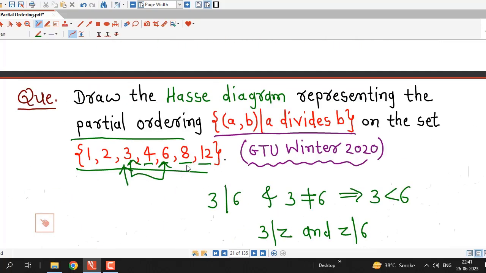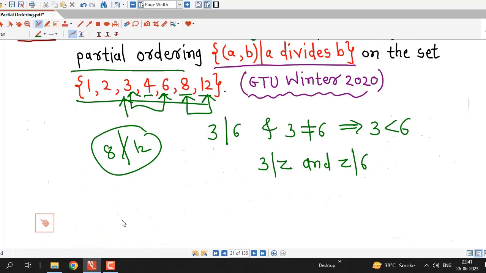Next elements are 8 and 12. We know that 8 cannot divide 12, so 8 is not related to 12. And we know that 4 divides 8 and 6 divides 12. 4 divides 8 and 4 is not equal to 8.